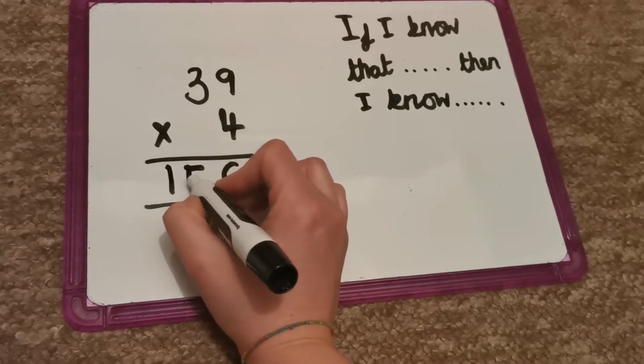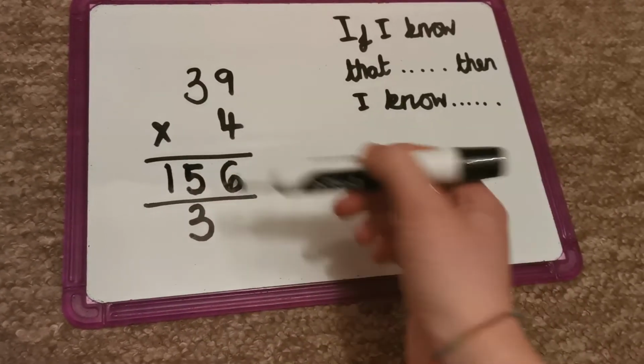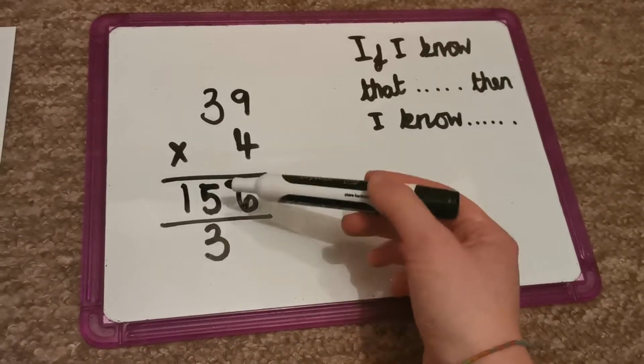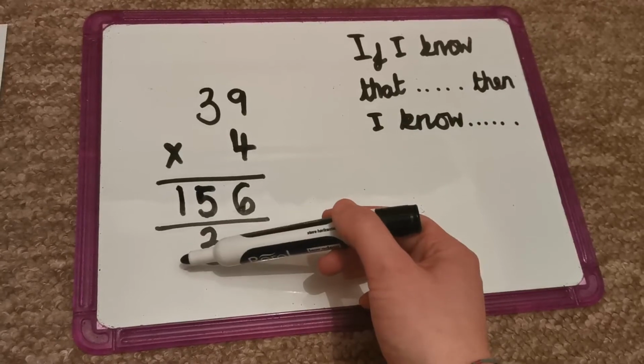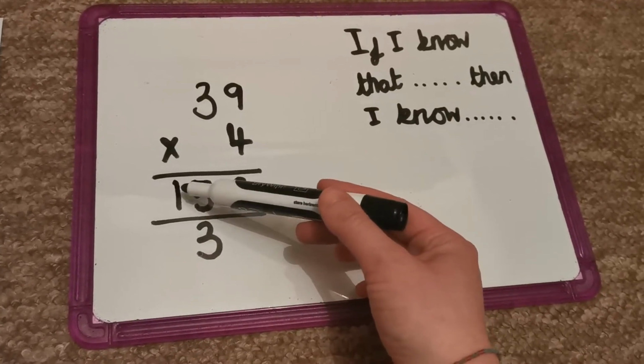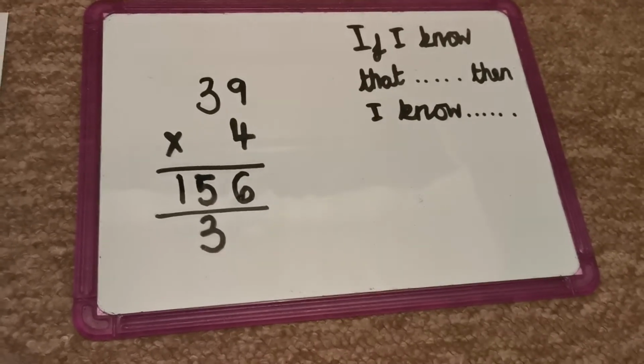I can then write that I have 156 straight into the answer box. I don't need to write that I had an extra 100 here and then place it up here, because I have no hundreds to multiply by.